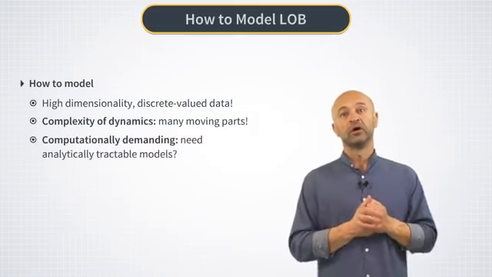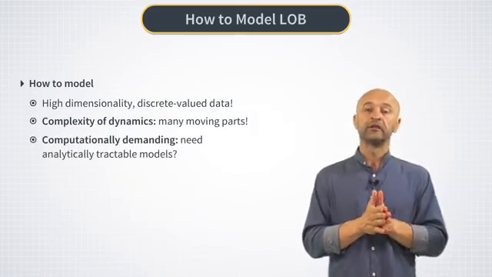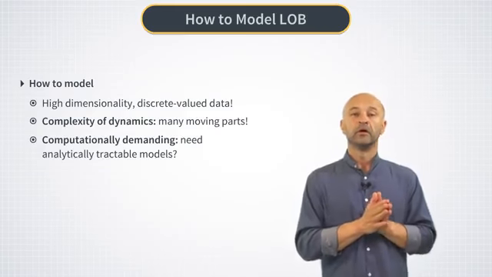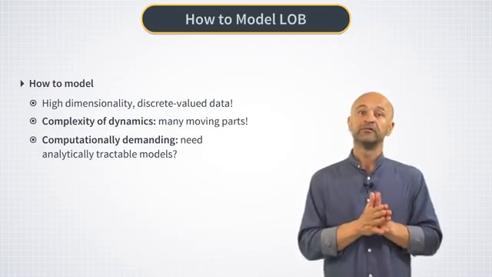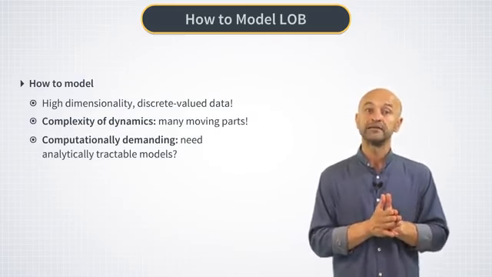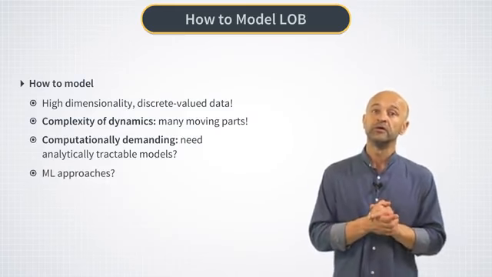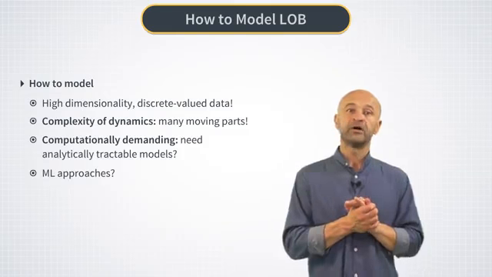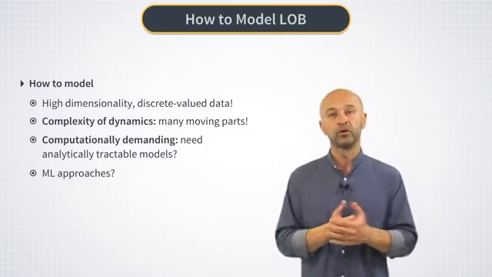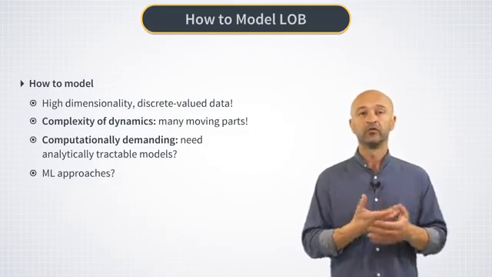There is one view that says that simple and analytically tractable models should be preferred. And in particular, one reason for this is that those models should work fast. Another view is that the dynamics are so complex here that we better should rely on machine learning methods that are kind of model-free.